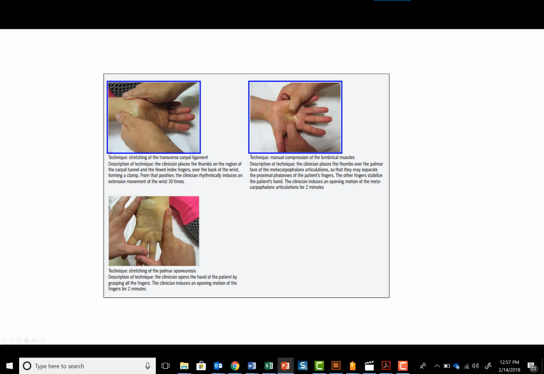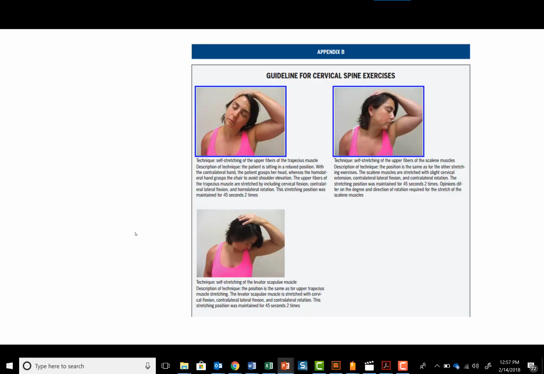So this is just sort of stretching, opening up and stretching that transverse carpal ligament. Here is some manual compression of those lumbrical muscles. And then down below, they stretch the palmar aponeurosis by stretching out that hand, index finger, and really opening up that space. So these are some techniques that we could use.